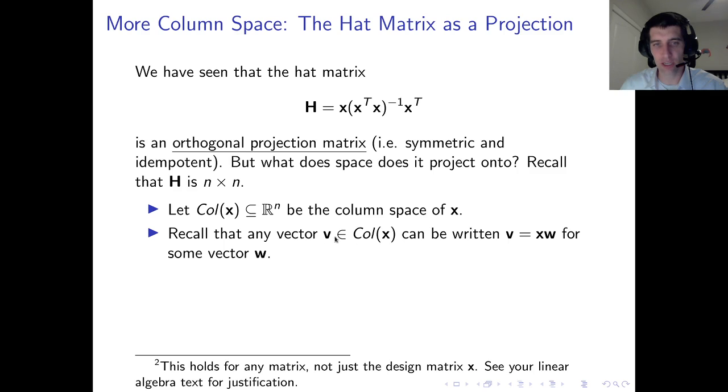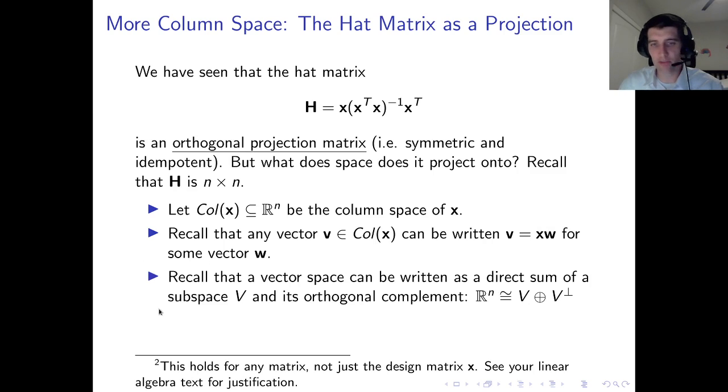A vector in the column space, the span of the columns, can be written as Xw for some vector w. That is, if a vector is in the column space, it can be written as a linear combination of the columns.